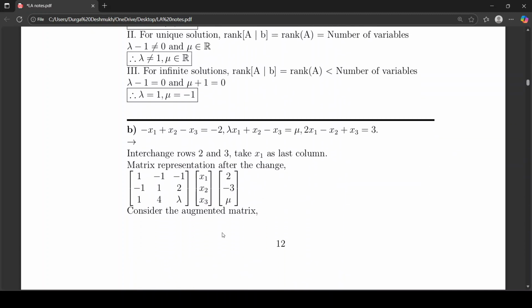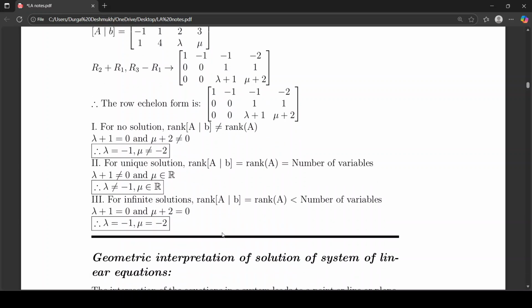That is the general method for these type of questions. This is a similar question.